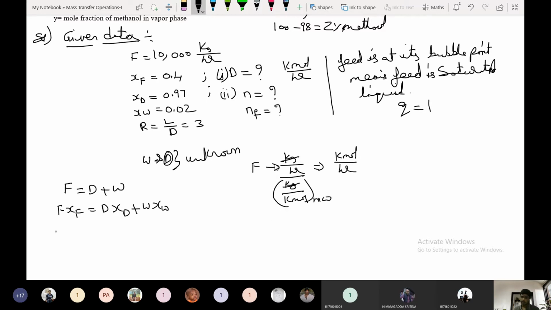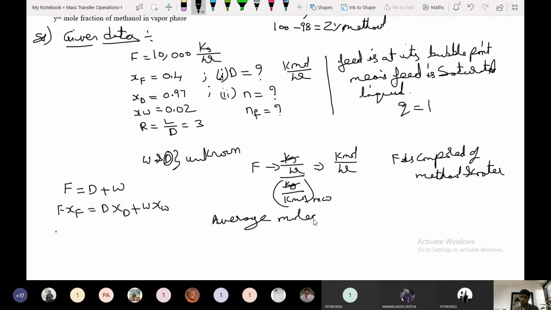The feed is composed of methanol and water. It is not a pure, single-component feed. Two components are there. For calculating the molecular weight for more than one component, what do we have to do? We have to calculate the average molecular weight.